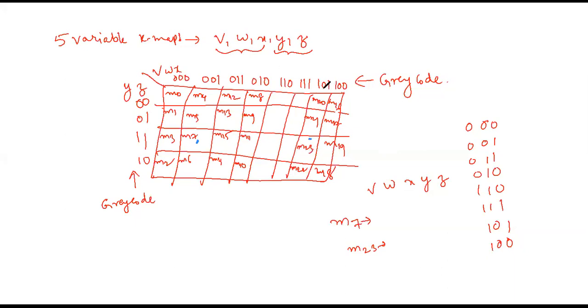What is the corresponding value? M23 is 10111. Sorry, this is M23. And M7 is 00111.